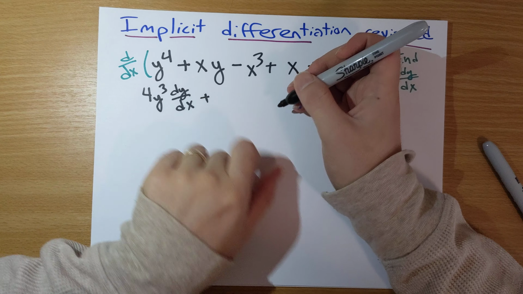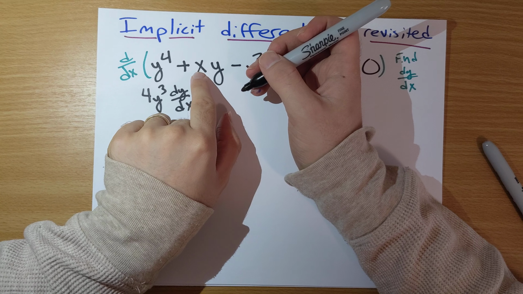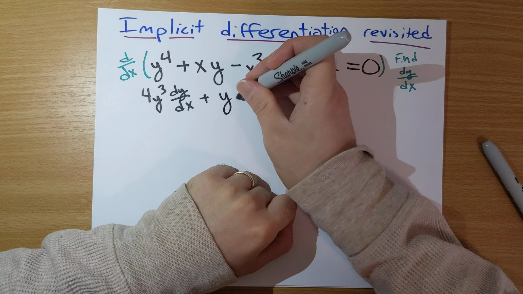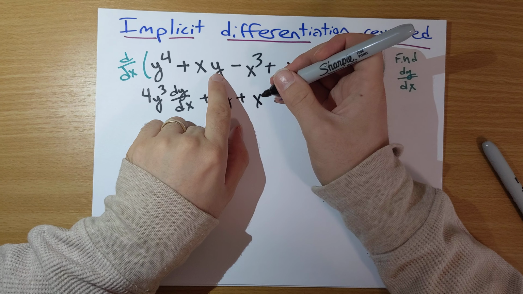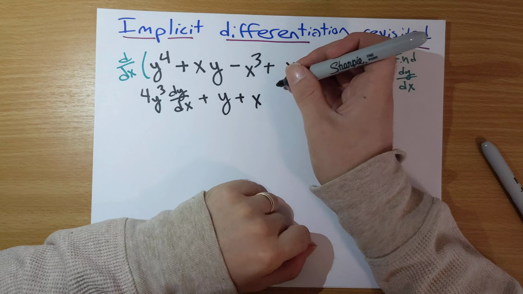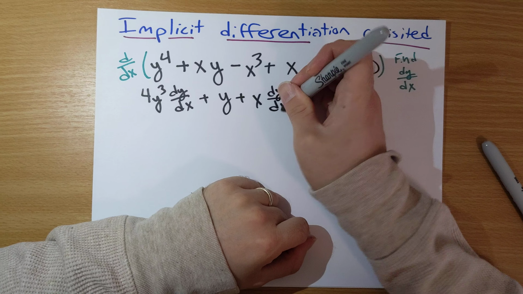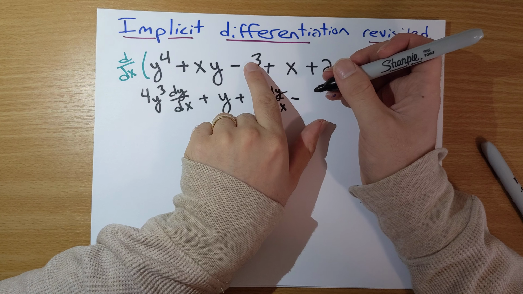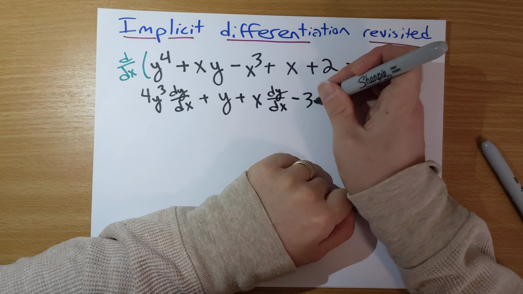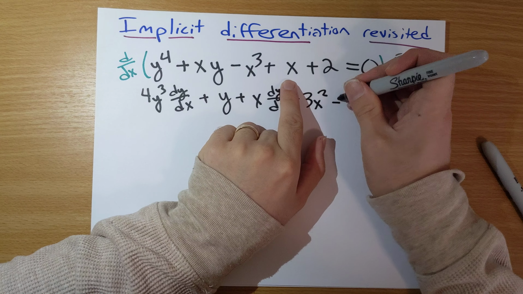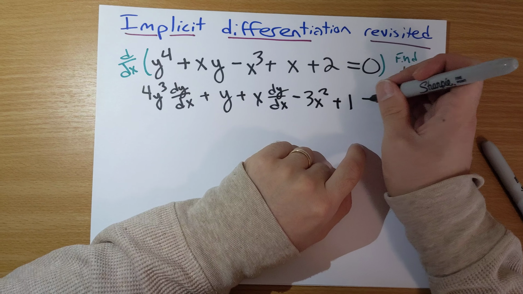The derivative of x is 1 times y plus x times the derivative of y with respect to x, and that's just dy dx, minus the derivative of x cubed with respect to x, that would just be 3x squared, plus 1 plus 0 is equal to 0.